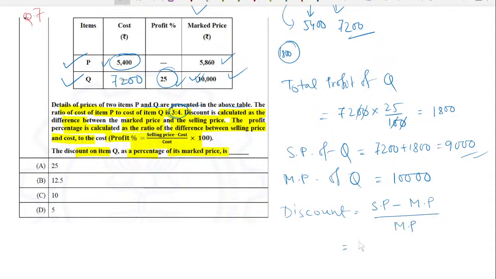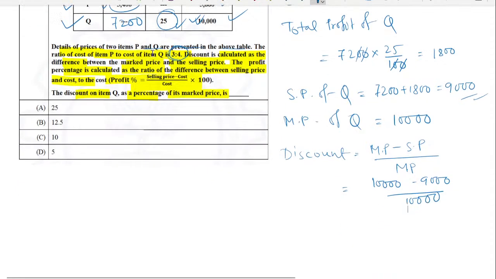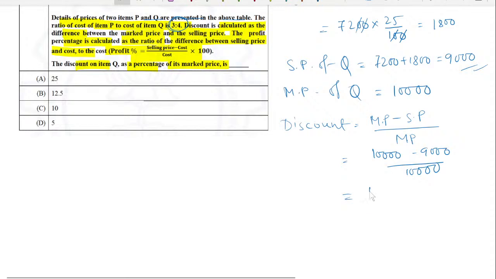Sorry, I wrote this in reverse order. So this is equal to mark price minus selling price by marked price. So this is equal to 10,000 minus 9,000 by 10,000. So this is equal to simply 1 by 10, which is 0.1.